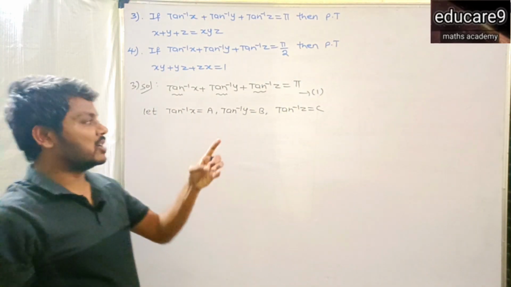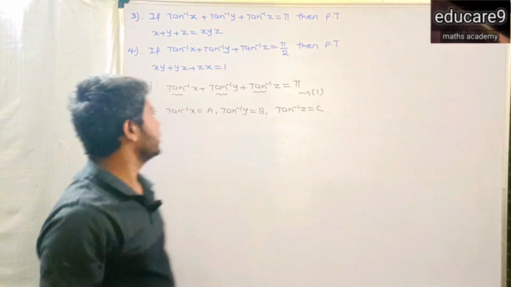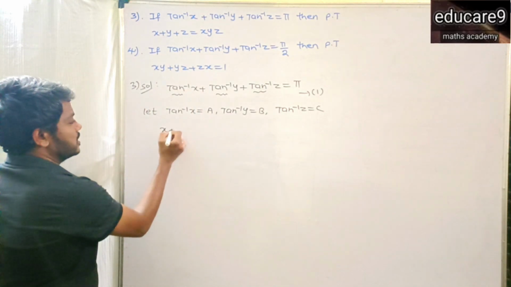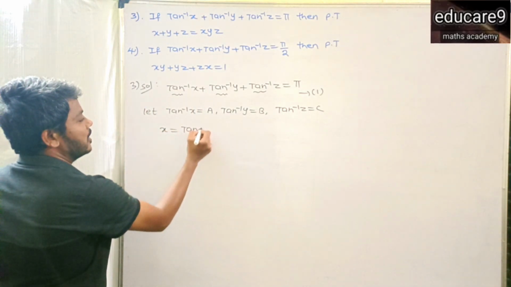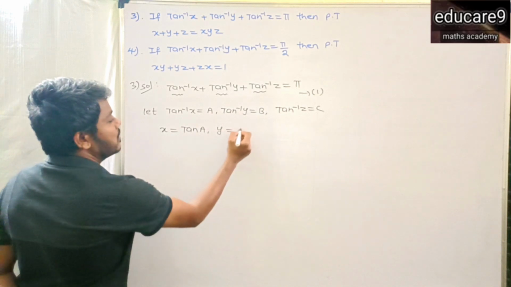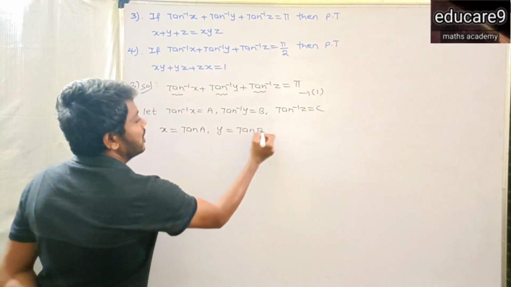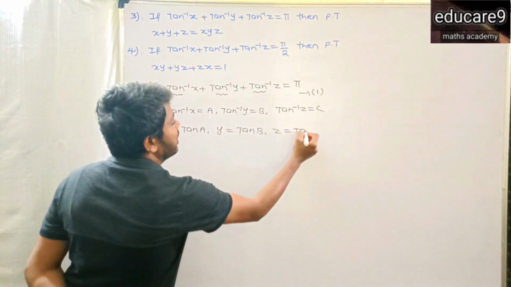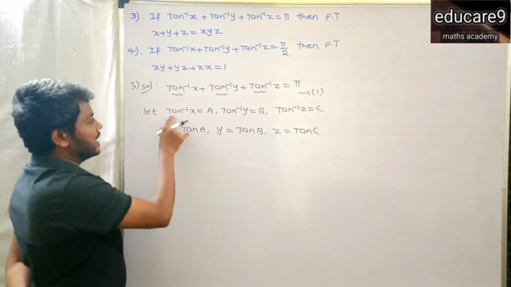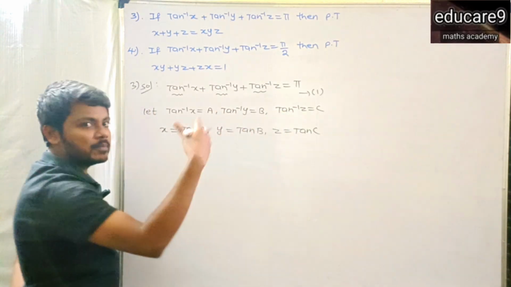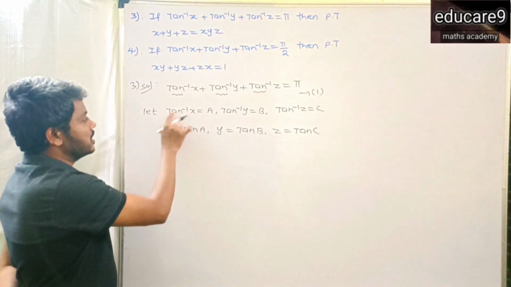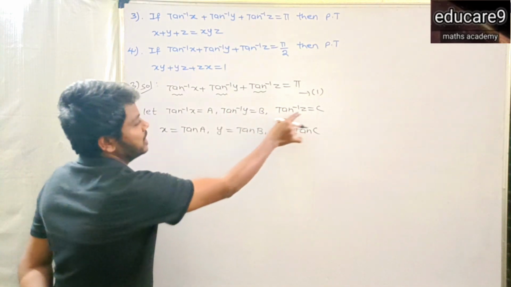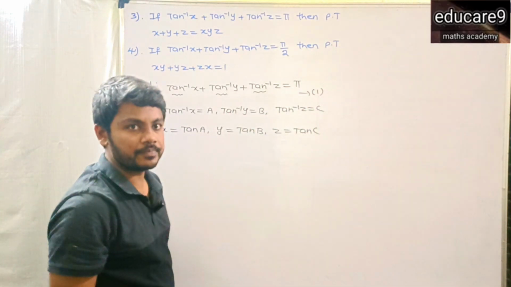From this you can write the values of x, y and z. X is equal to tan A, y is equal to tan B and z is equal to tan C, since tan⁻¹ on the right hand side becomes tan.